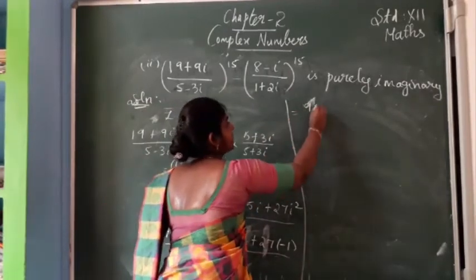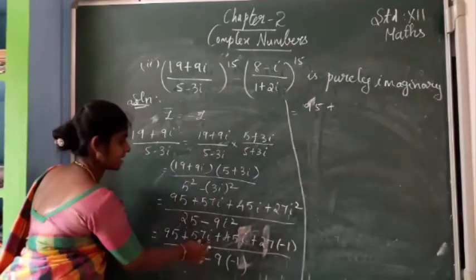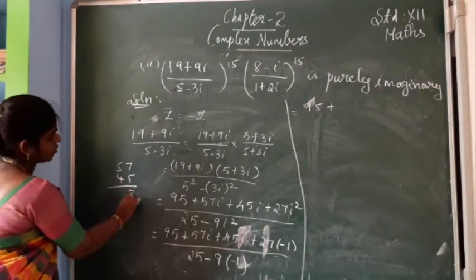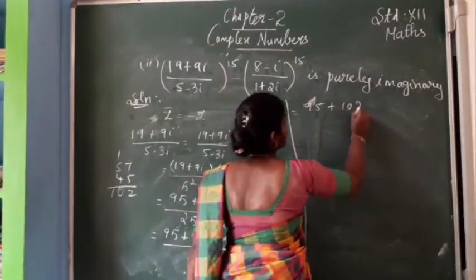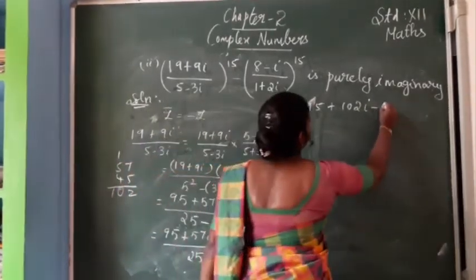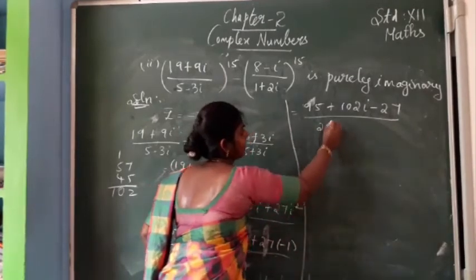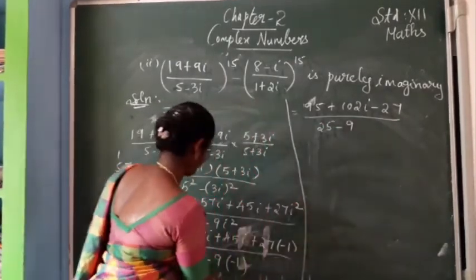That's equal to 95 plus, so 57 plus 45, add the values, 102i, plus 27 into minus 1, that is minus 27, divided by 25 minus the minus, plus 9.